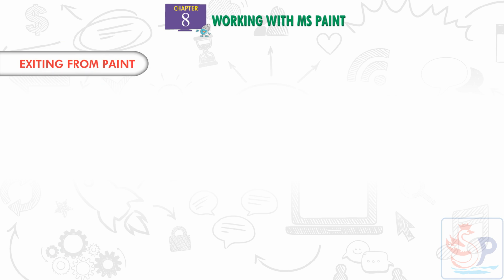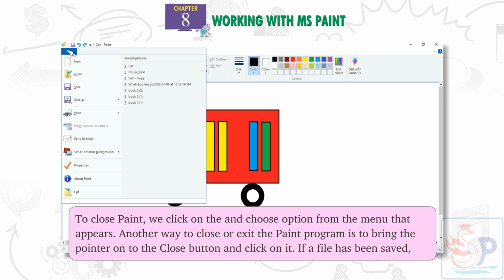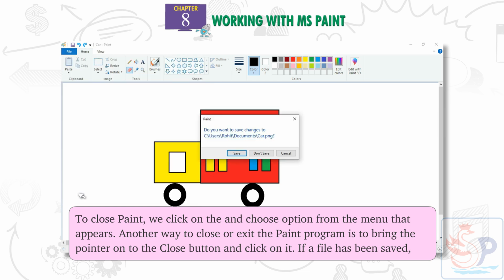Exiting from Paint. To close Paint, we click on the File tab and choose the Exit option from the menu that appears. Another way to close or exit the Paint program is to bring the pointer on the Close button and click on it.